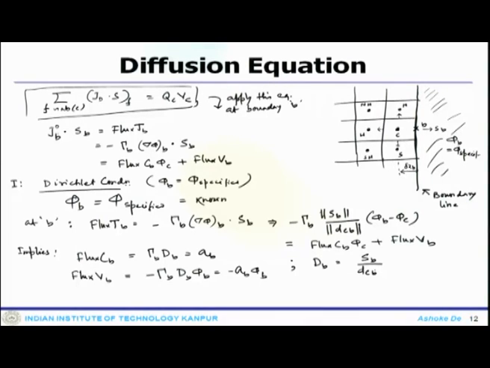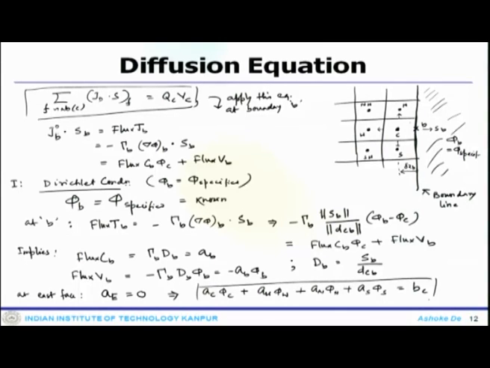So, if you look at this particular element shown here in this figure, the coefficient at east face, that is AE, is essentially 0, and the discretized equation would yield AC phi C plus AW phi W plus AN phi N plus AS phi S equals BC.